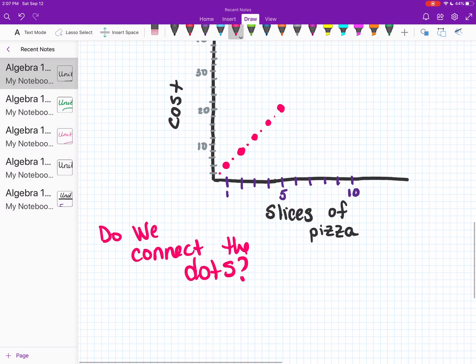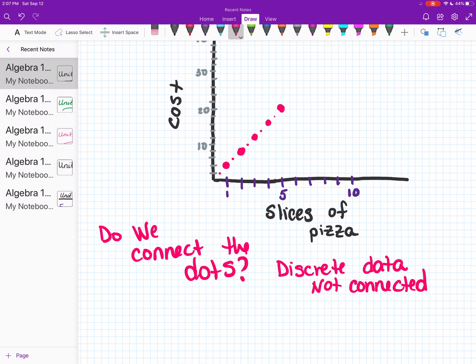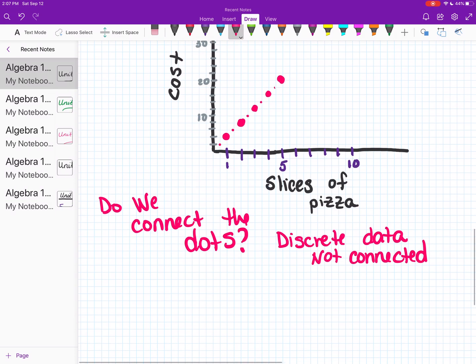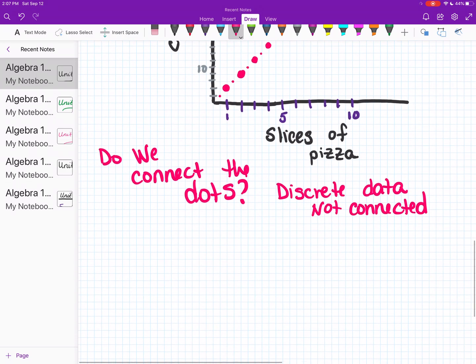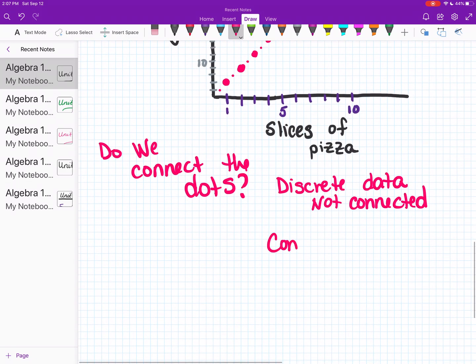This is called discrete data. It's not connected. Because in real life, we cannot buy 1/16 of a piece of pizza. I've never met a pizza parlor place. What about 1/32? Oh no, I want 1/100th of a piece of pizza. There's no way we would connect that. Now, if we did connect the dots, that would be called continuous data.